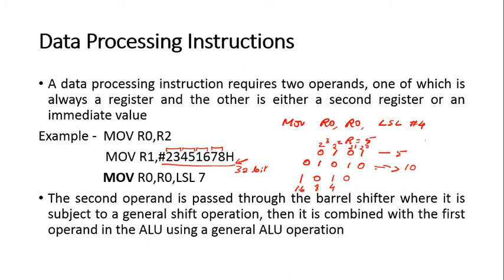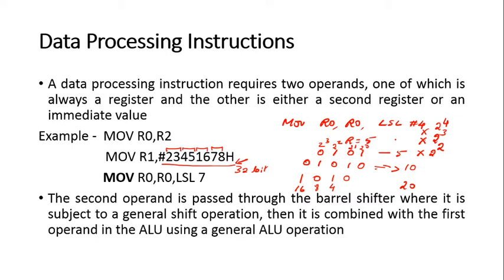The number is actually 20 now. So when you perform a 2 shift, it is as good as multiplying by 2 to the power of 2. When you do a 3 shift, it's as good as multiplying by 2 to the power of 3. When you do a 4 shift, it is as good as multiplying by 2 to the power of 4.